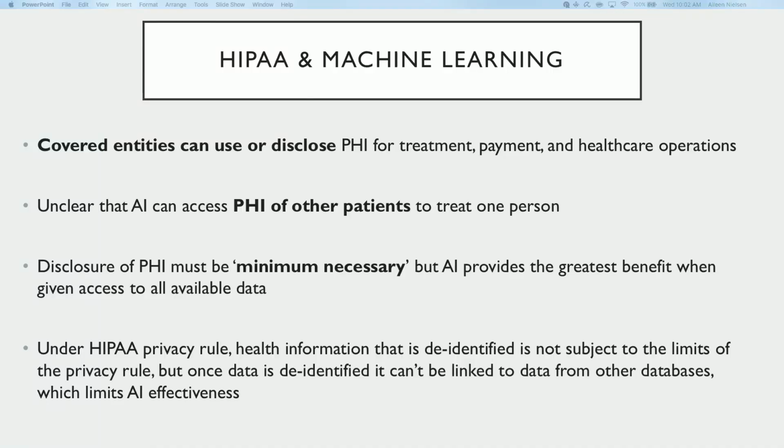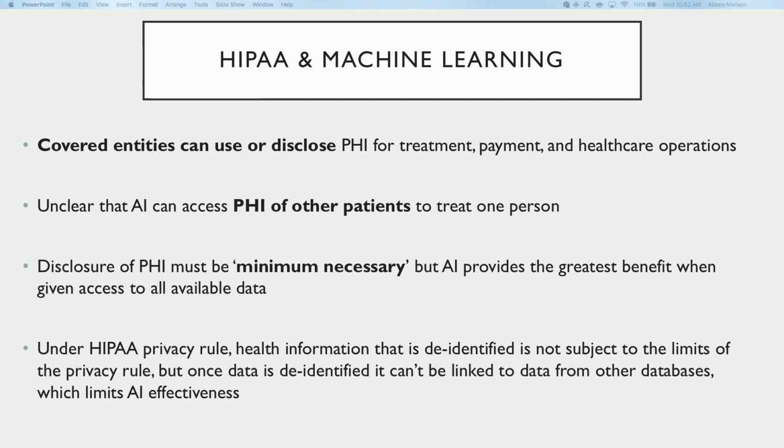Right now, the legal regime is that disclosure of PHI must be the minimum necessary, but with AI, A, you can't always tell what is the minimum necessary, and B, it certainly performs better when you give it more than the minimum necessary, right? The more information we give our algorithms, the better they can do. Under the HIPAA privacy rule, health information that is de-identified is not subject to the limits of the privacy rule.